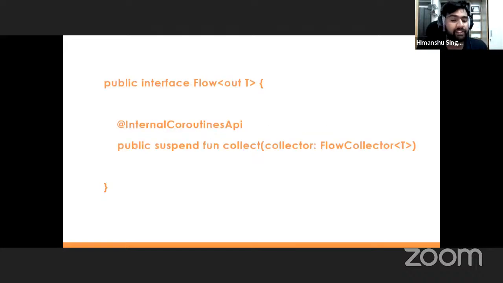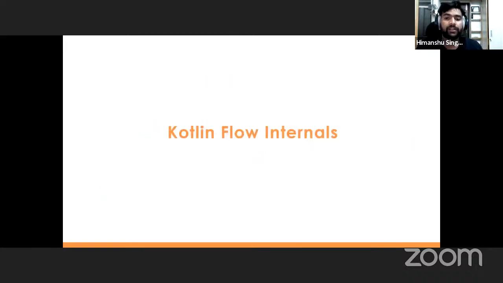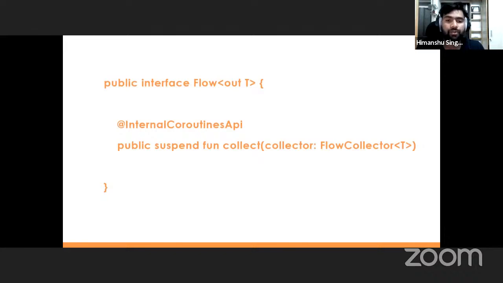So in hindsight, the Kotlin Flow internals has two interfaces. The first interface is actually Flow, which has a suspend function collect, right? It's generic, like you have the T and all. That's basic stuff. But on a bigger level, it's an interface which has a collect function, and that collect function has a collector of FlowCollector type, correct?